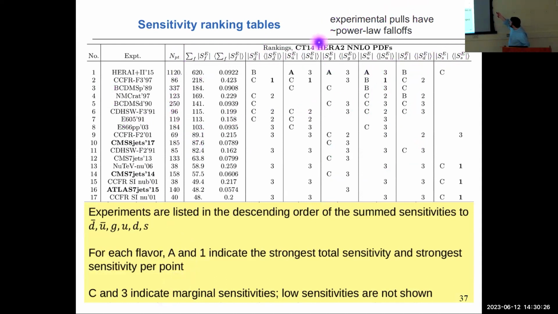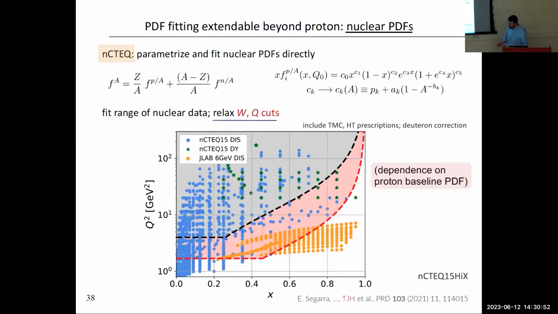But what I want to stress is that there's a kind of power-law-like falloff, where it's really just specific experiments that have a leading contribution. That's not to say that the other experiments, as I go down the chain, don't do anything. They might be sensitive to other combinations, for instance, or they may actually influence the result of the global fit in some way that's difficult to say a priori, but that is the nature of things.